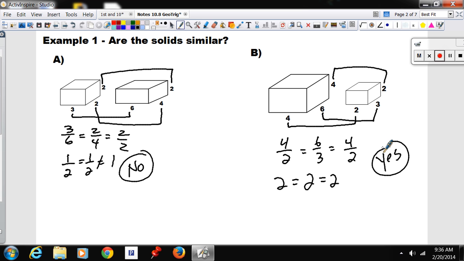You can tell that one is smaller than the other, but they are the same shape. Just like a miniature version of the big one. So those are similar. That would be yes. Like I said, most of these examples move pretty quick. Ready for the next one?